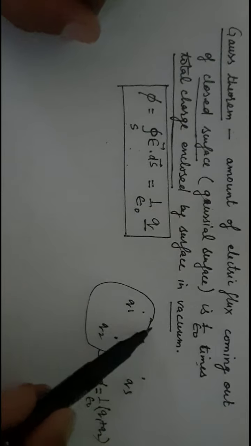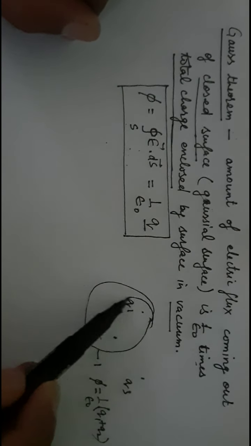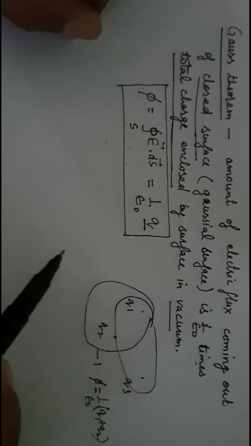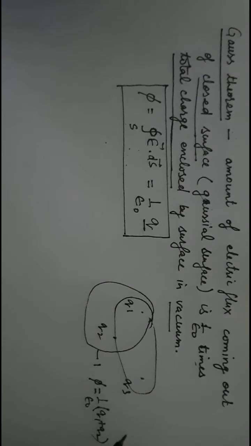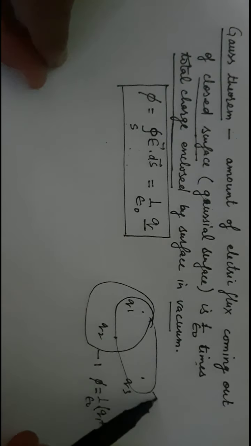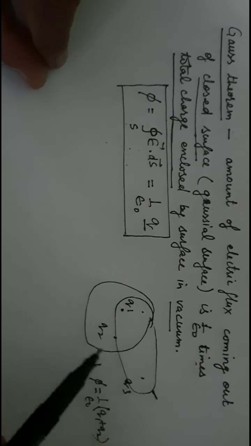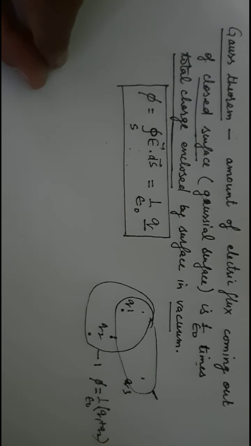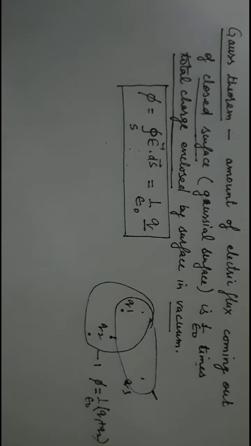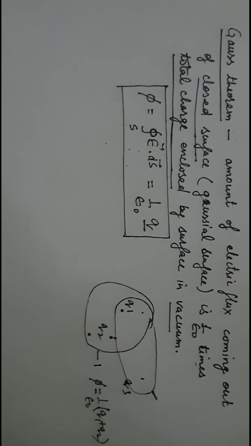If I choose another surface, this one, here the flux depends on Q1, Q3 and is independent of the charge residing outside, that is Q2. So the charge must be inside and the surface must be closed. These are the 2 very important points.